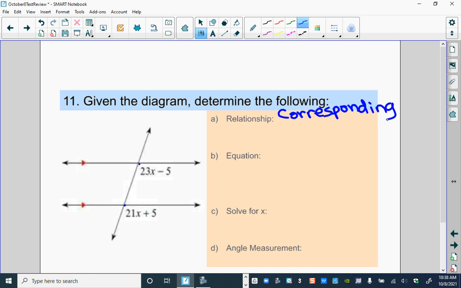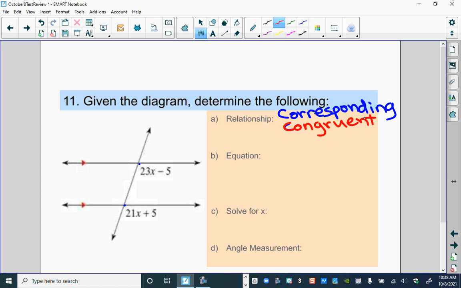Corresponding with 180, right? Actually, corresponding angles are congruent. They're going to be congruent. Although that's not a bad idea because I know they look close.